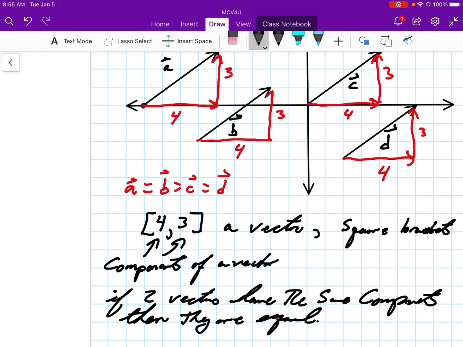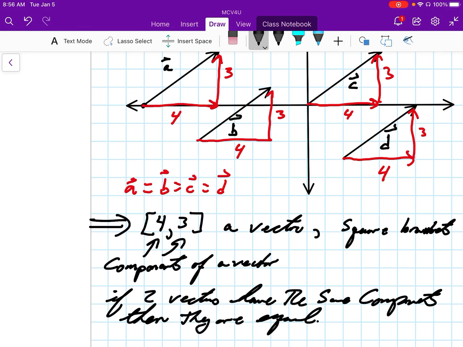Again, if you can go from one to the other by the exact same method, we're traveling 4 to the right and 3 up, 4 to the right, 3 up, exactly the same method, then you can represent each of these vectors one way. All 4 of these vectors are represented with square brackets, 4, 3. The components 4, 3. They are equal to each other.